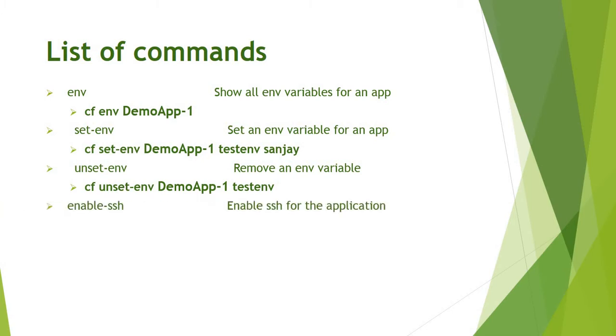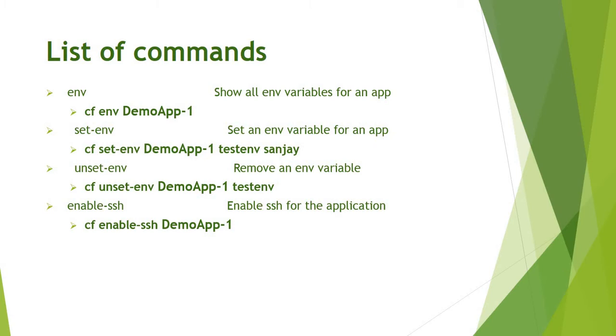Enable SSH, so we can also enable SSH for that particular application. Here is the command for that, cf enable-ssh. Once SSH is enabled for an application, we can use the ssh command to look inside the container. Like in Linux, we use the SSH command the same way.